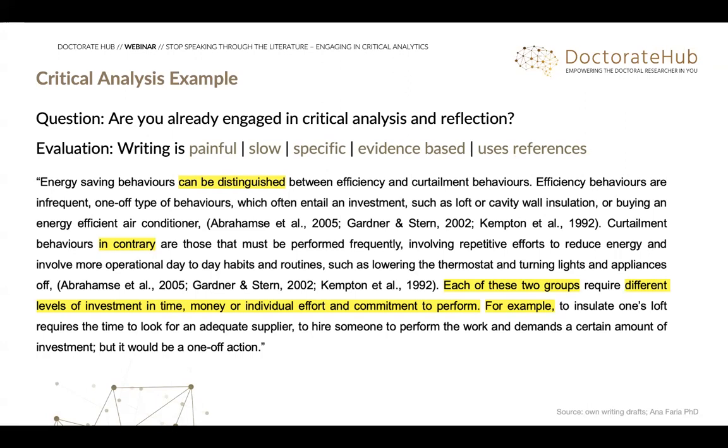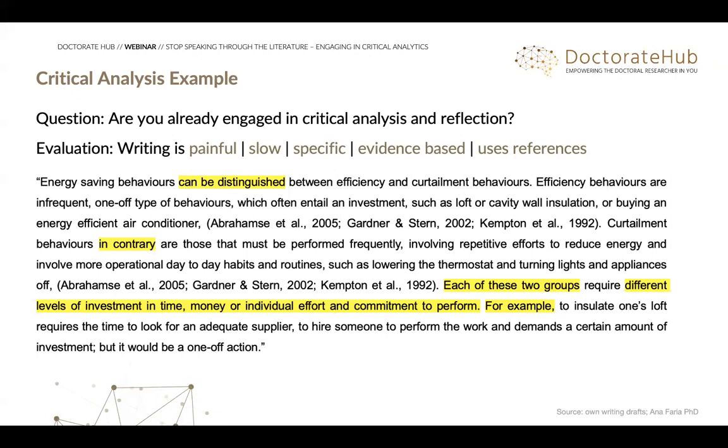And now you see there are 1, 2, 3 literature resources that have been consulted to put this argument together, followed by the next argument that curtailment behaviors, in contrary, so you take a position in here, are those that must be performed frequently, involving repetitive efforts to reduce energy, and so further. And again, you see 1, 2, 3 different sources that have been consulted.